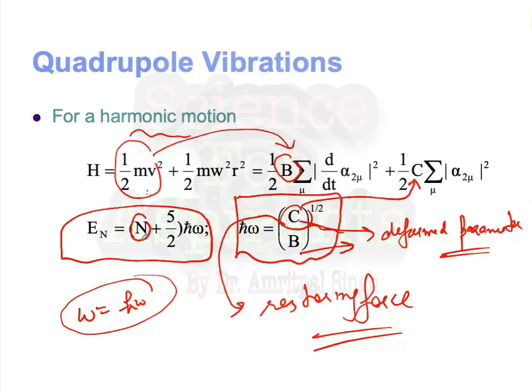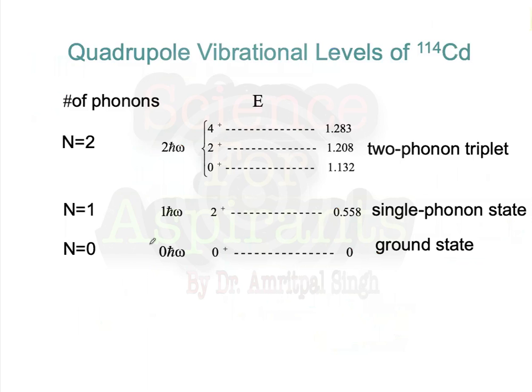Here n represents lambda, whether it is a ground state nucleus, a first excited state, a second excited state, and so on. In some books the notation is written n, in some books it is written lambda. That is the degree of phonons.